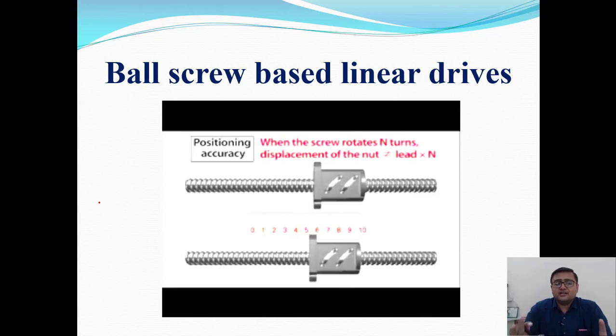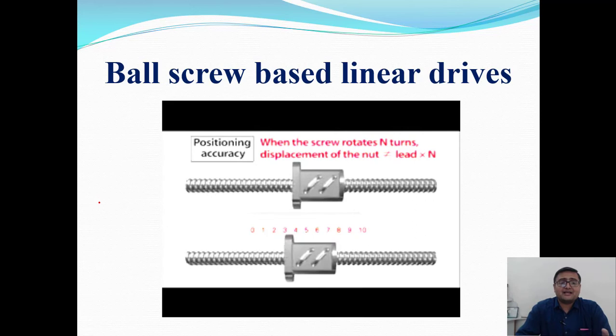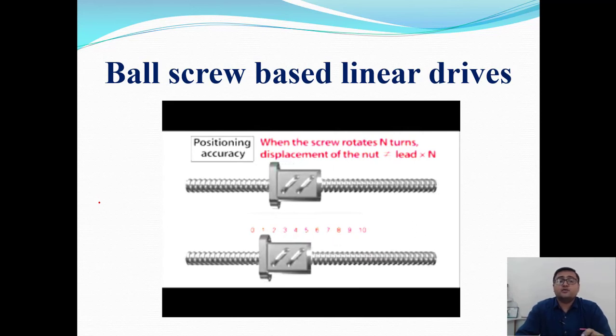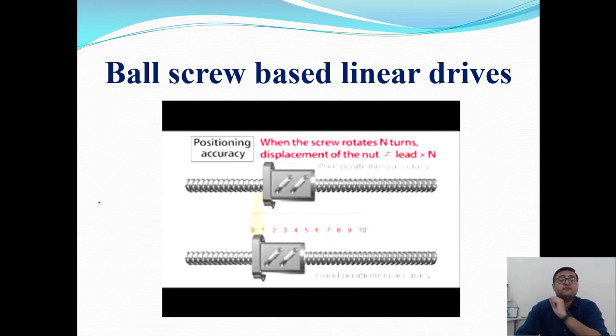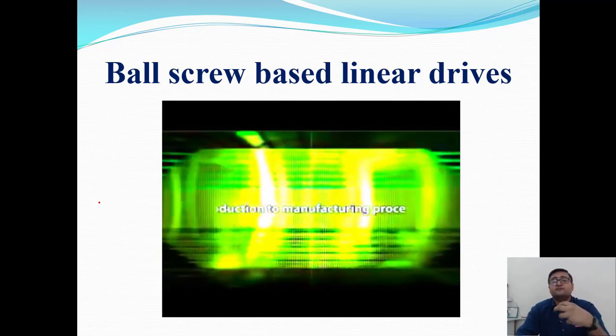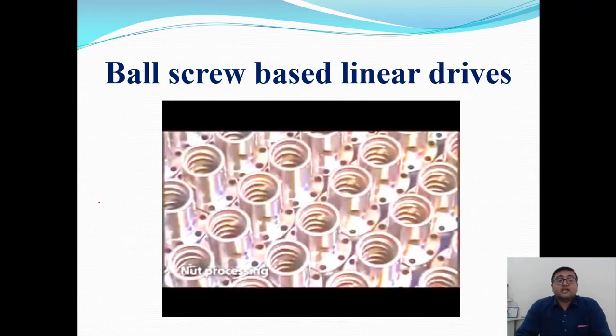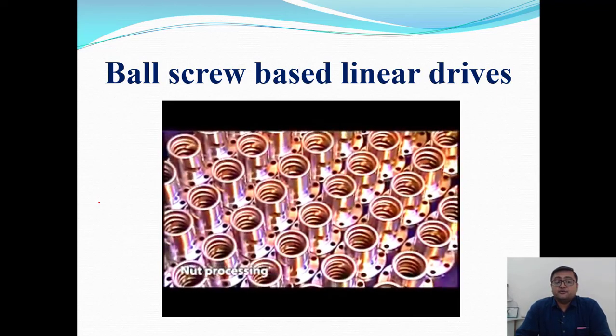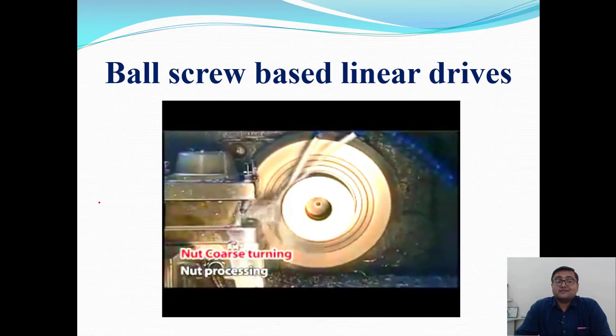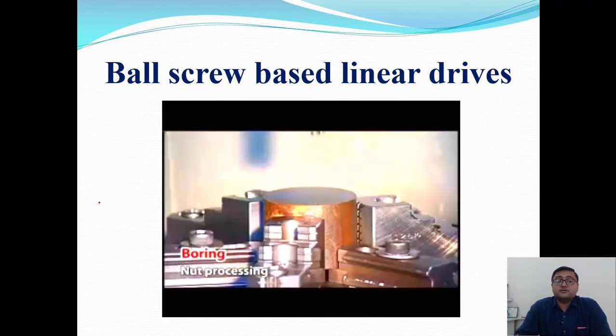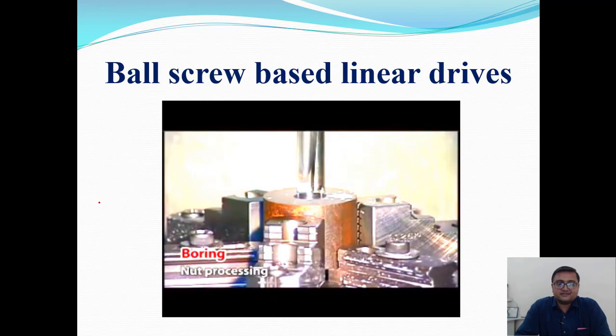So why are preloading and backlash and all these things required? In order to get position accuracy. If you do not use such a system, then after using the system for a few hours or a few days, your system will not give accurate readings if you do not apply such conditions, or if you have not thought about the preloading or backlash conditions.